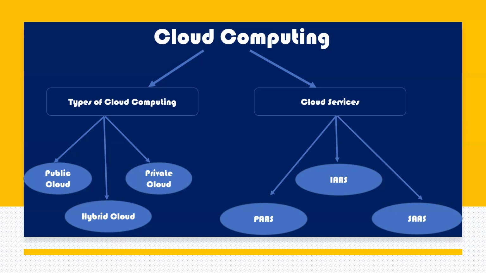What is this? Infrastructure as a service. Just for your simple understanding, I'm telling you. Imagine you are purchasing a new laptop with 1 TB storage and an i7 processor. Here you are having i5, i7, whatever it is. So you have a processor and you are purchasing a 1 TB hard disk.